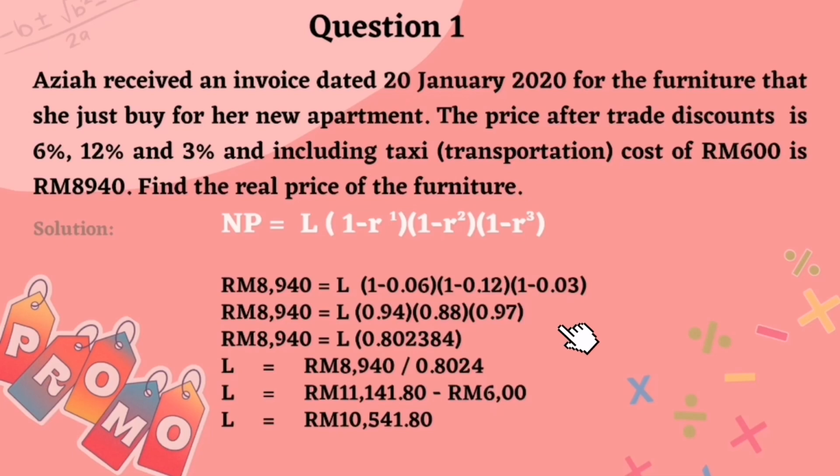RM 8,940 equals L in bracket 1 minus 0.06 multiply 1 minus 0.12 multiply 1 minus 0.03. Then we settle all the amounts to get L. Lastly, the final answer is RM 10,541.80 for L.